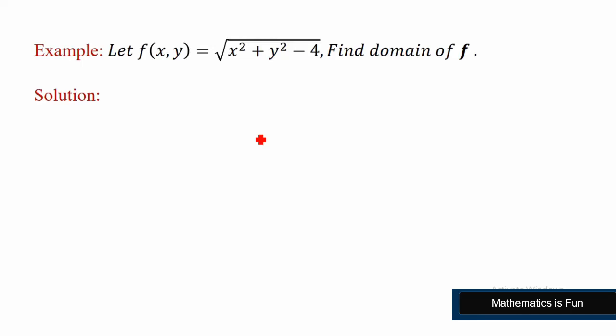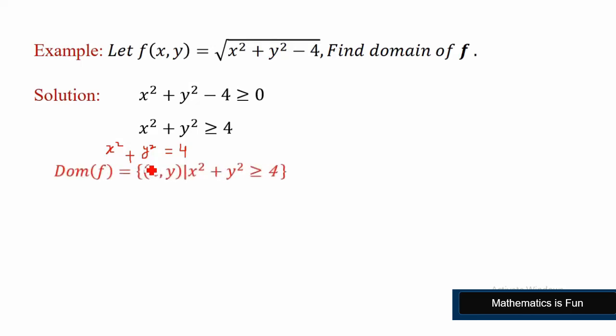So let's take the term x square plus y square minus 4 is greater than or equal to 0. After simplifying this inequality, it is related to the circle x square plus y square is equal to 4. It has its center at the origin and a radius of 2 units.